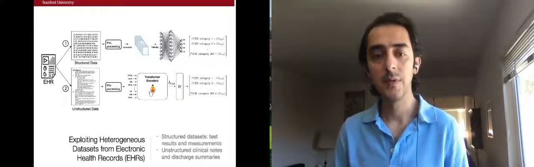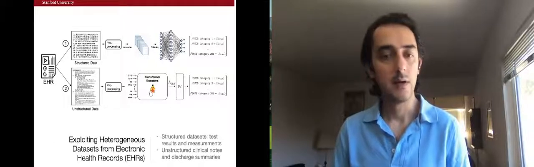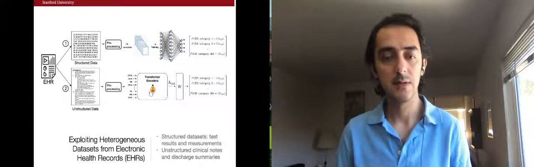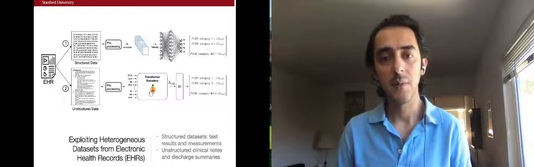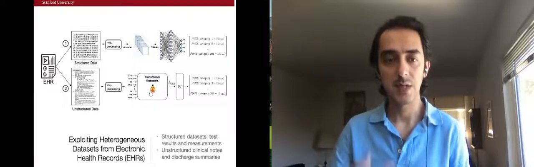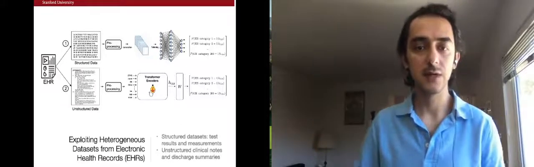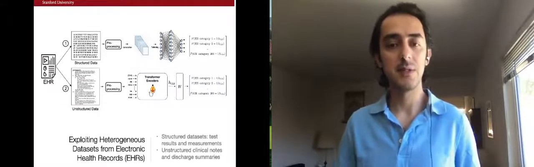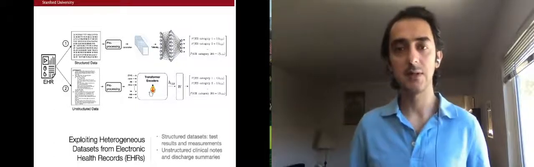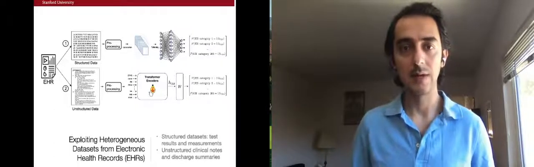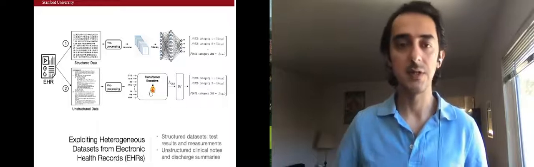So in this work, we exploit different kinds of data sets that come in electronic health records. For example, on the left-hand side, on the top, we see an example of structured data sets. For example, these could be the test results and measurements taken at different healthcare facilities.